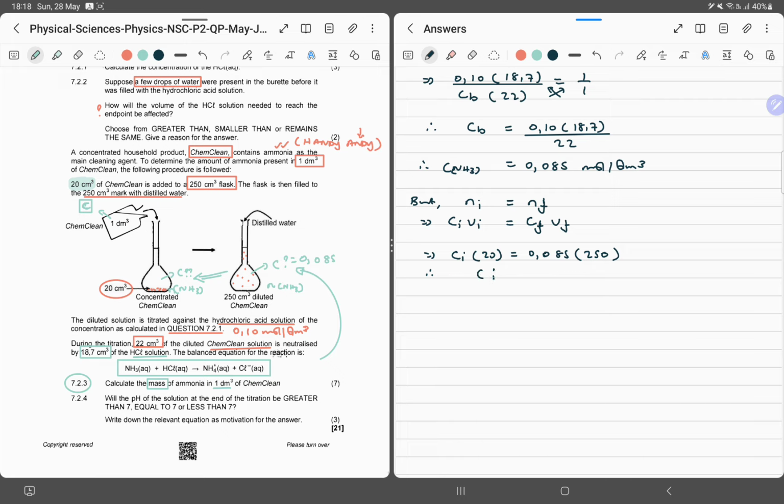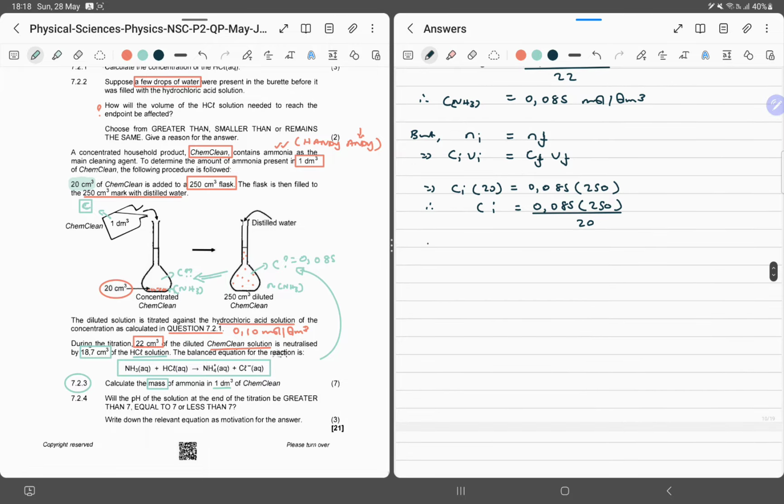Therefore, the initial concentration is going to be 0.085 times 250 over 20, okay? Great. Therefore, the initial concentration of our ammonia is going to be that one.